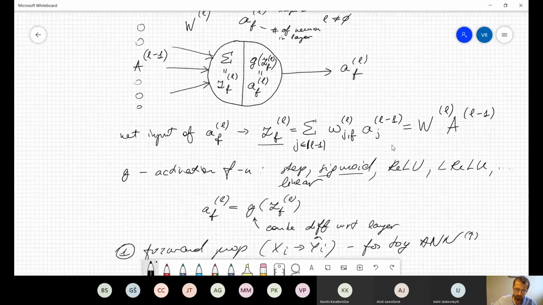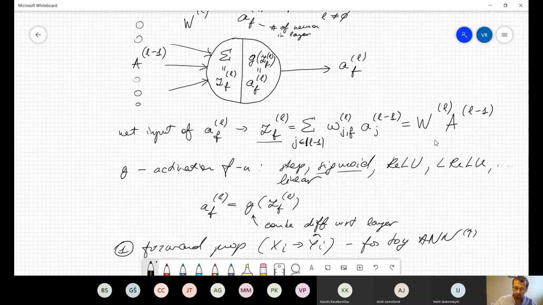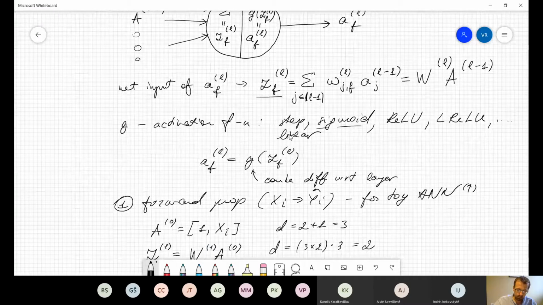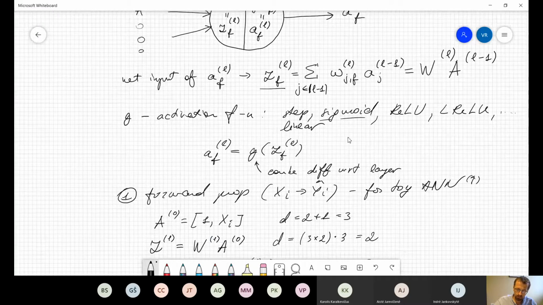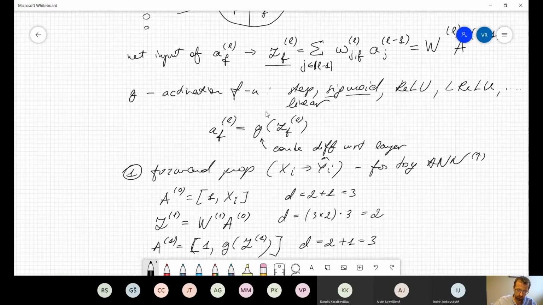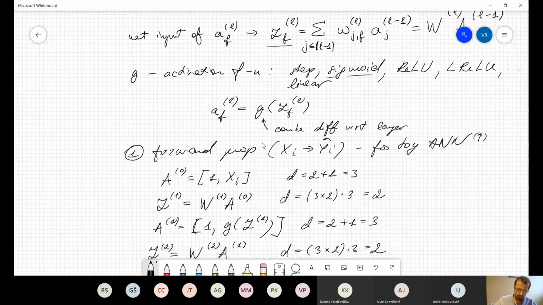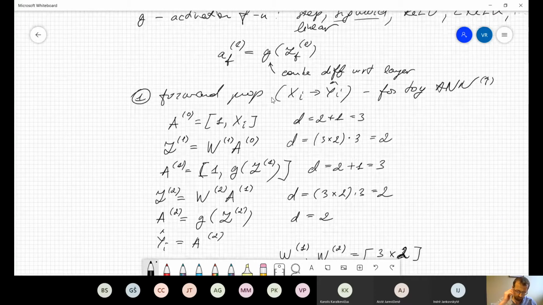Rather simple. Net input calculation is basically a multiplication of a matrix and a vector. And then we have the activation calculation, just by applying an activation function on the result.